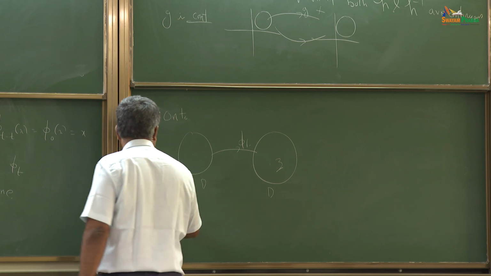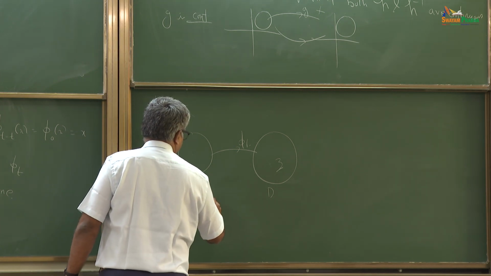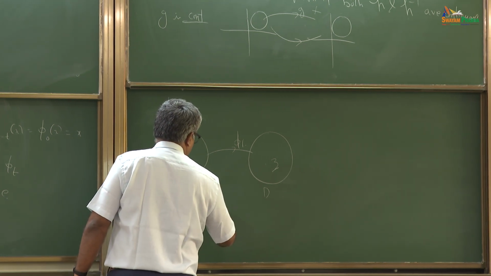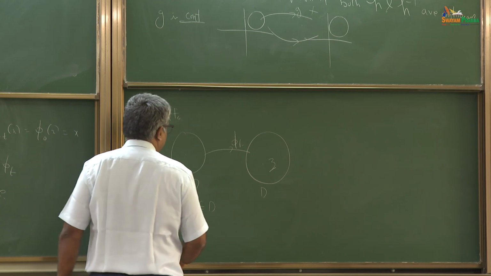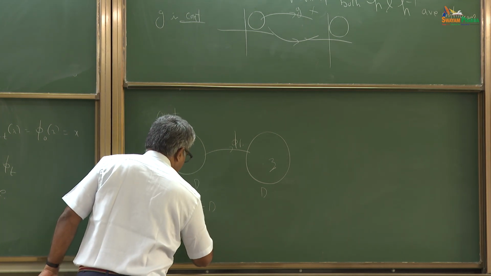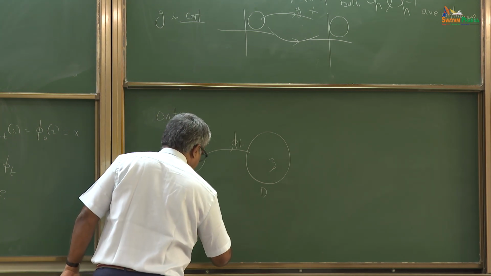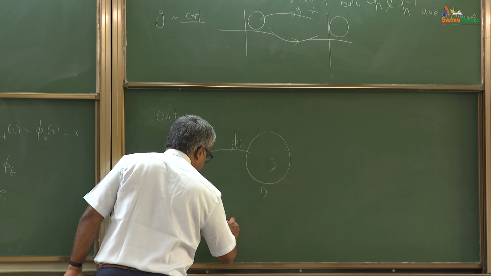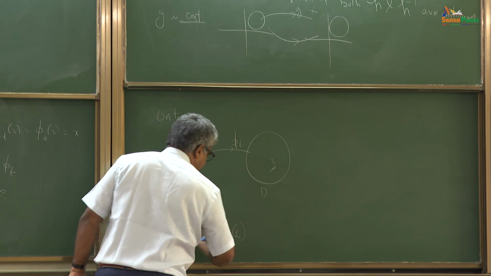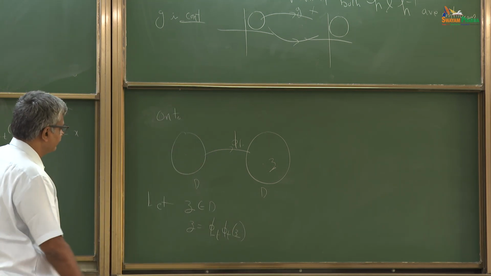So let z belong to D. Then z can be written as phi t of phi minus t of z.